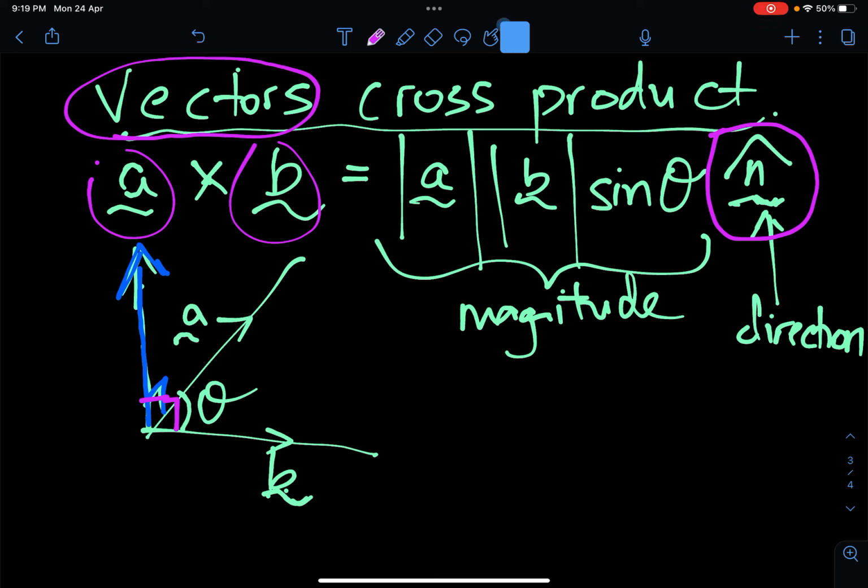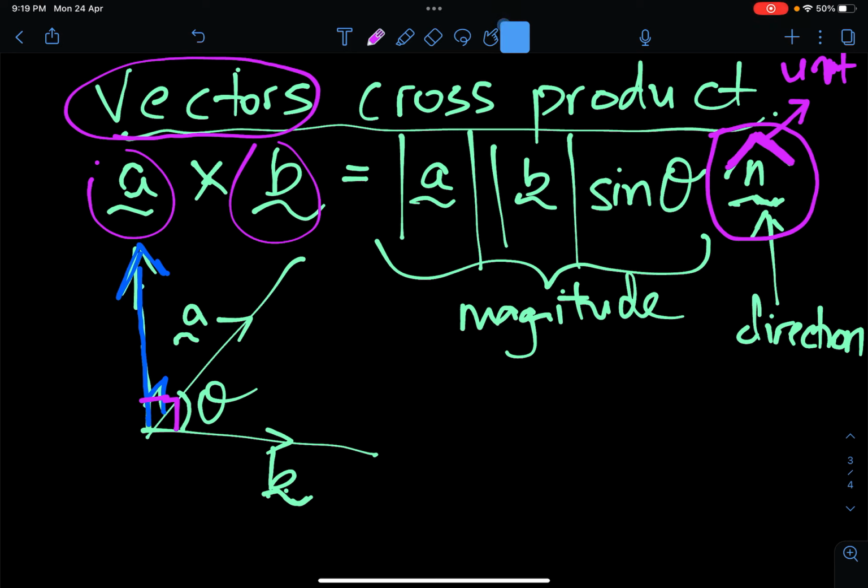Okay, and then what is this cap here? We call this n cap. The cap signifies a unit, one unit. Why is it that this n cap has to be a unit vector?